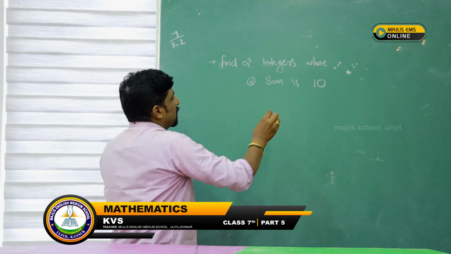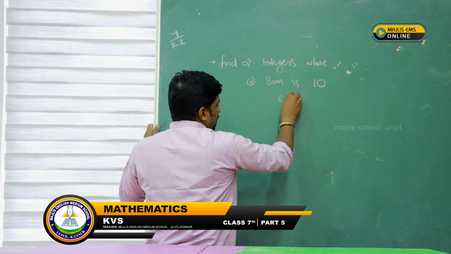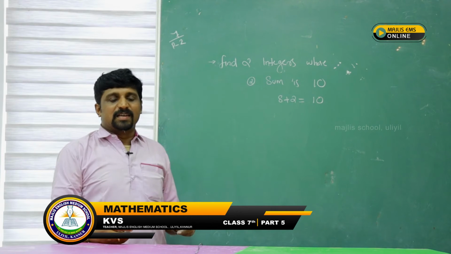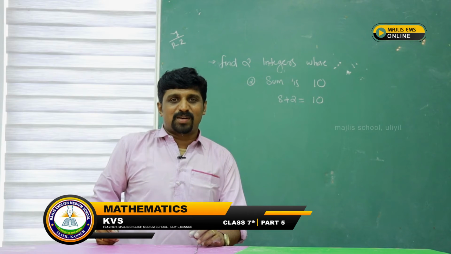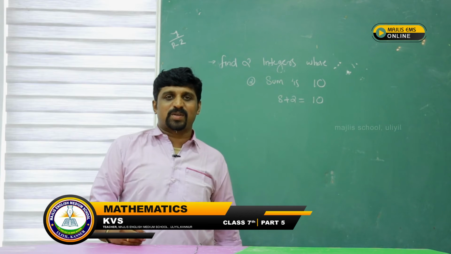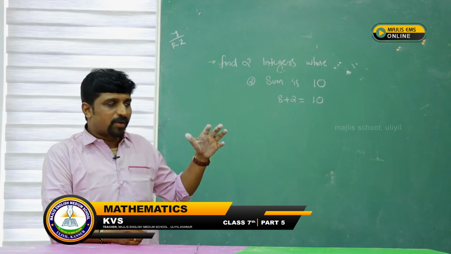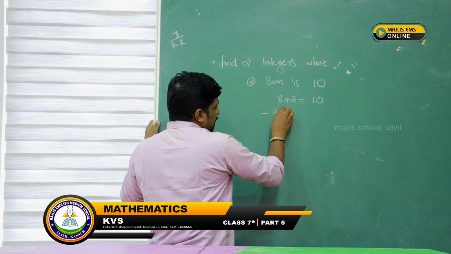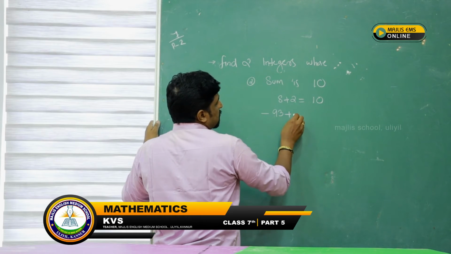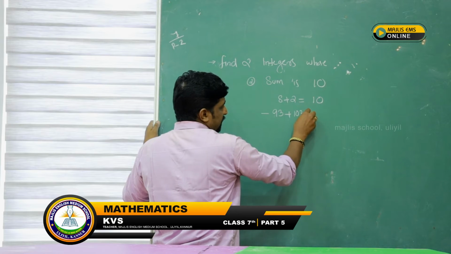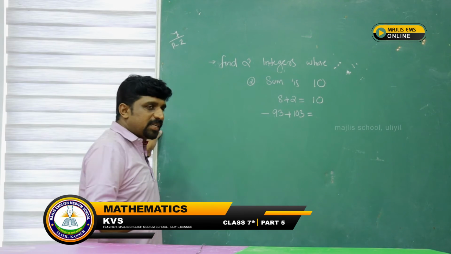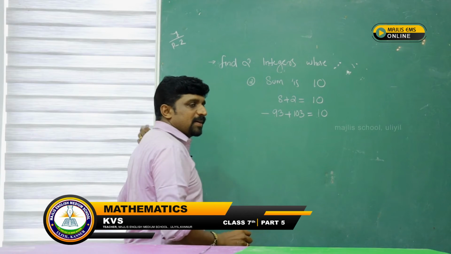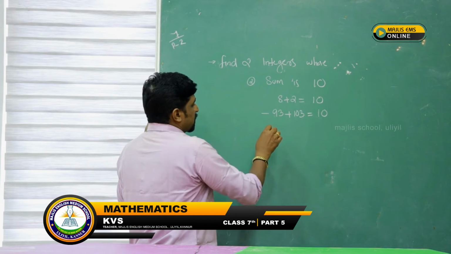Suppose 8 plus 2 equal to 10. That is natural numbers, and you can also consider negative numbers. 8 plus 2 is possible. Then negative 93 plus 103, the answer we got is 10. Anyway, you can find them.